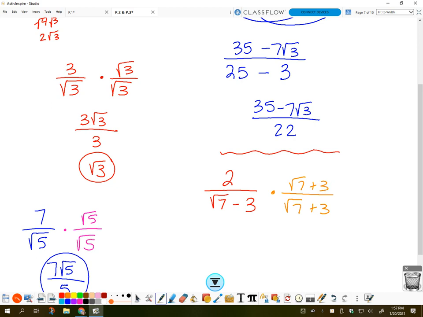Our numerator, we're going to do 2 times both of these pieces. So we'll have 2 square root 7 plus 6. For the denominator, we know how conjugates work, so we can just do root 7 times root 7, which is the square root of 49, which is 7, and negative 3 times 3, which is negative 9.